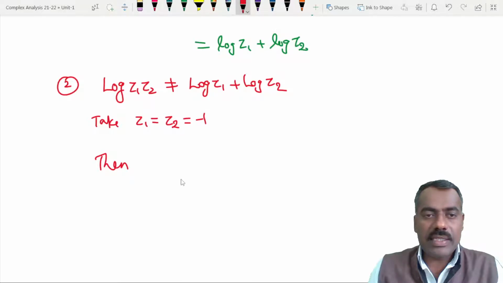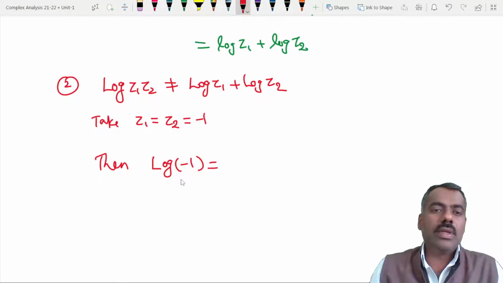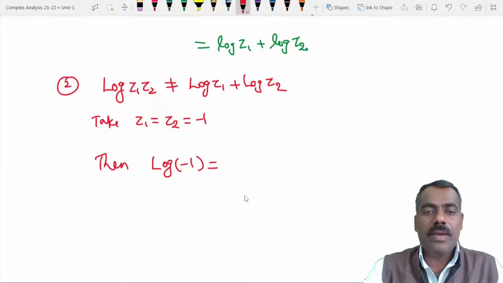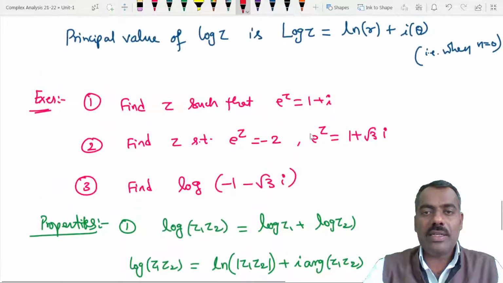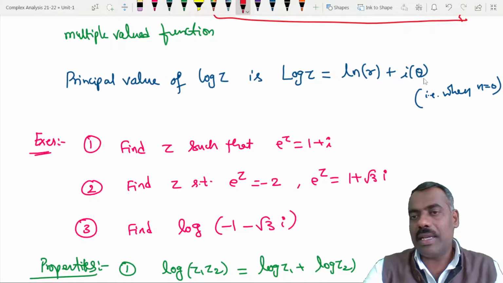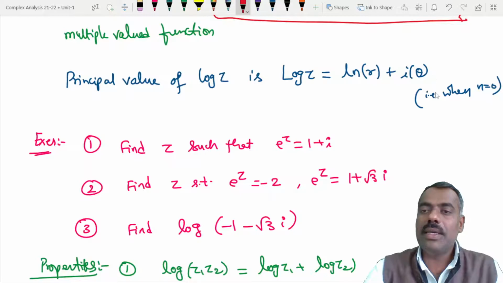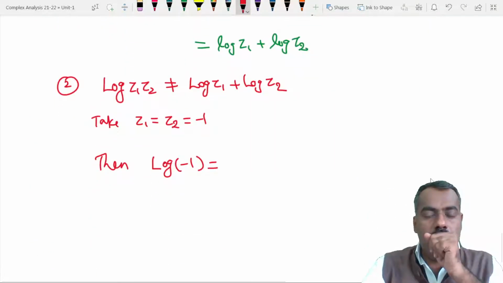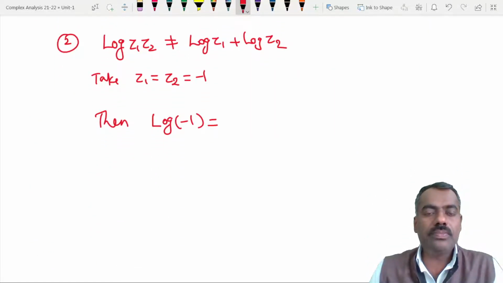So how can you calculate this log of minus 1? You want to find the natural logarithm of r, which is 1, plus i times theta, the principal value.